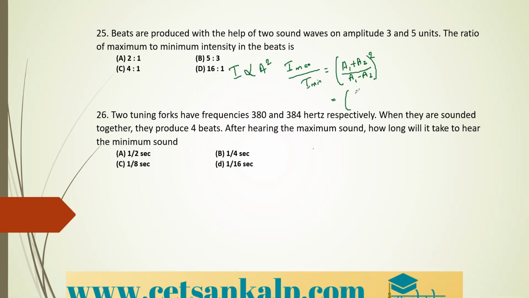What is the A1 value? 5, and A2 is 3. So it is (5 plus 3) divided by (5 minus 3), whole square. That is 8 divided by 2, and squaring it gives 16:1. Correct. So the correct option is option D. Next.